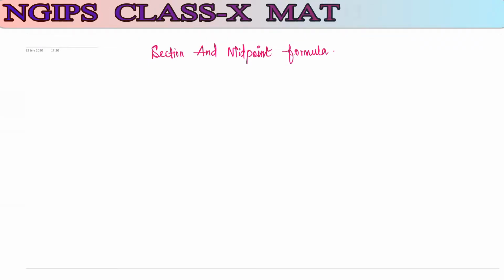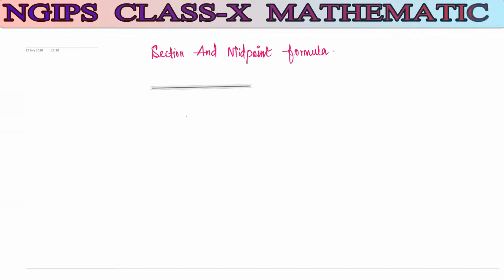Today's session we are going to discuss section and midpoint formula. In this we know how to find out the distance between 2 points. For example, if I have considered the line here, this is a point A, x1 comma y1, and here we have this is a point B, x2 comma y2.